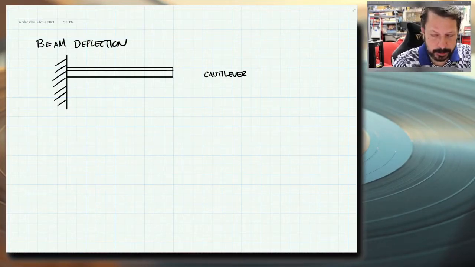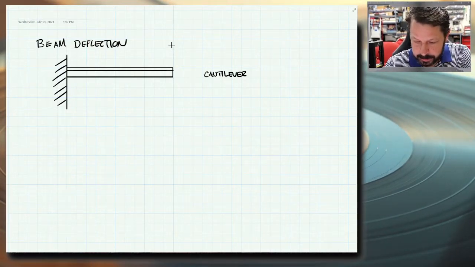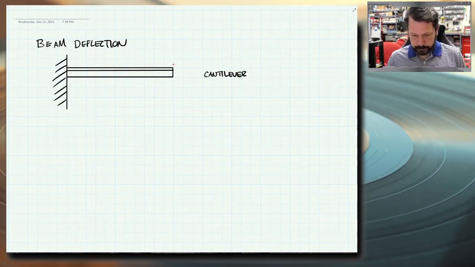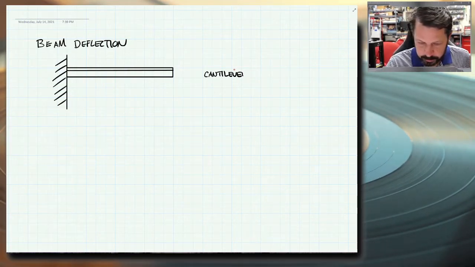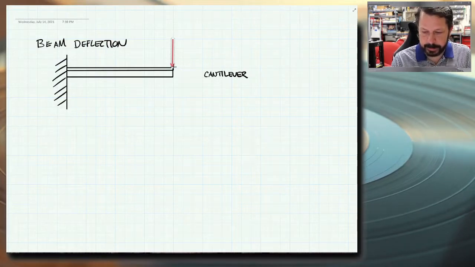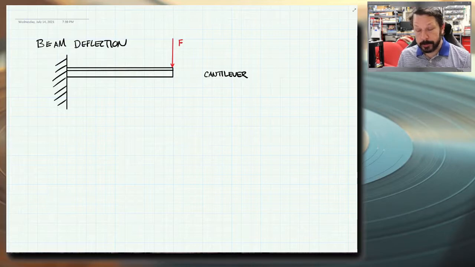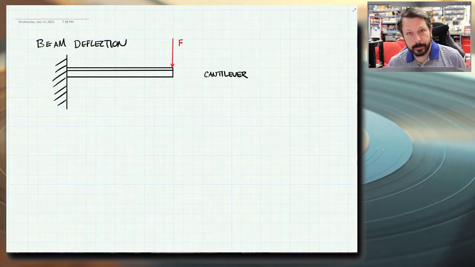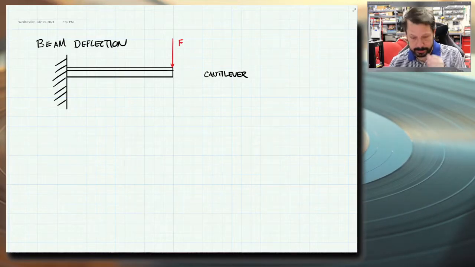I'm just going to put a single point load on this one out at the end. Oh, wow, not like that though. Erase that. There we go. Single point load. It doesn't really matter how much it is. We'll just call it F. So assuming that we push hard enough on this cantilever beam, then it will bend and it'll deflect.